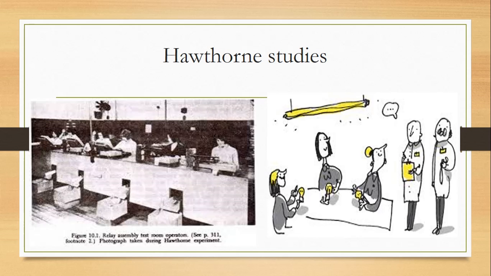Now, the changes were something like increasing or decreasing the intensity of light. Now, this was a plant where wiring was being done, so that means the workers had to use light.